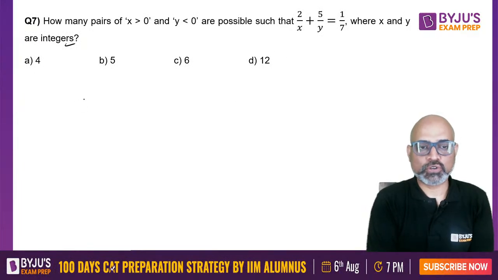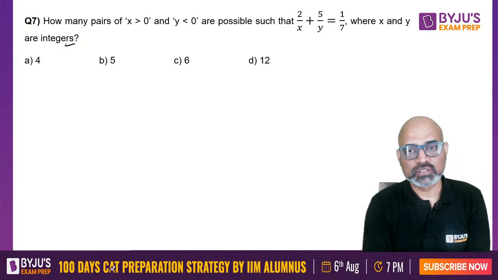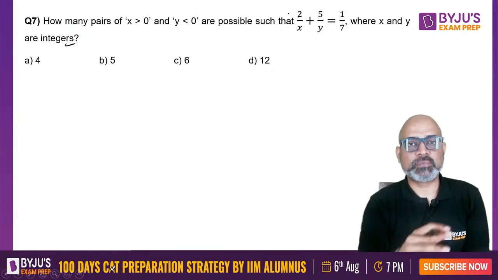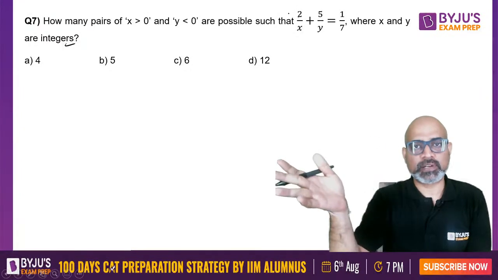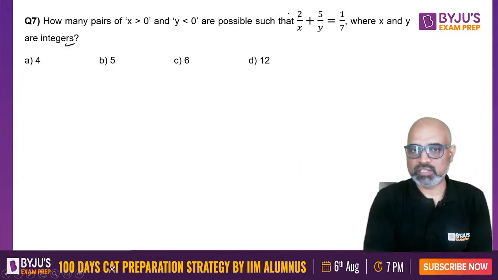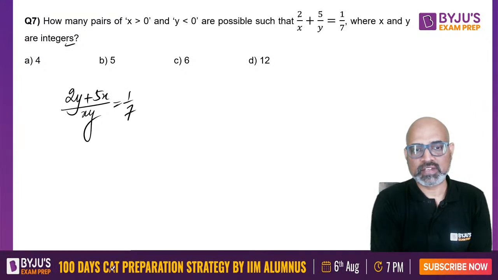So you are going to cross multiply. So 7 will get multiplied throughout on the left hand side, and x and y get multiplied on the right hand side, x gets multiplied with 5, y gets multiplied with 2, right? So we can have 2y plus 5x upon xy is equal to 1 by 7, an intermediate step.